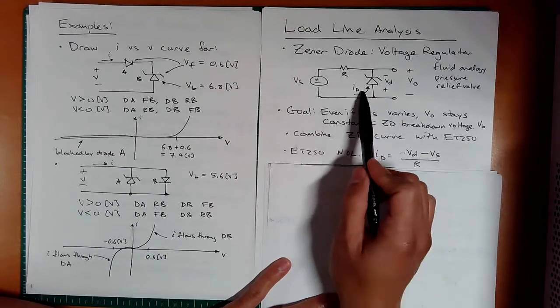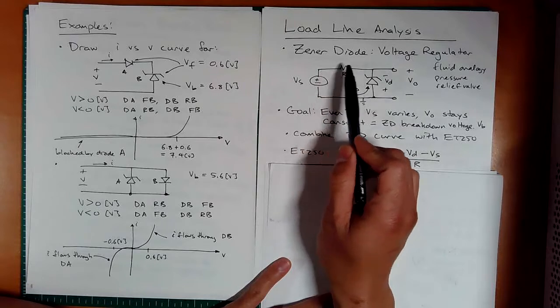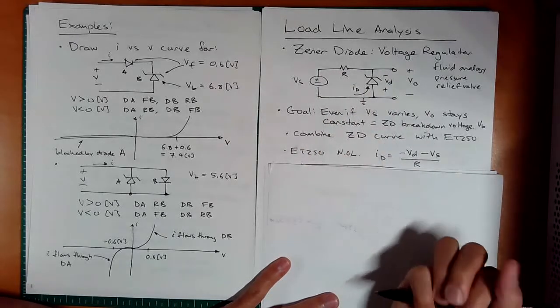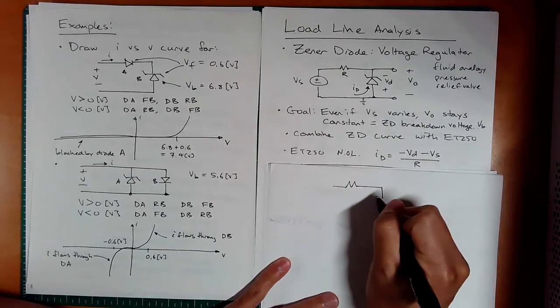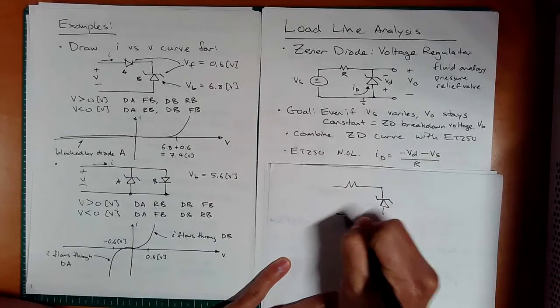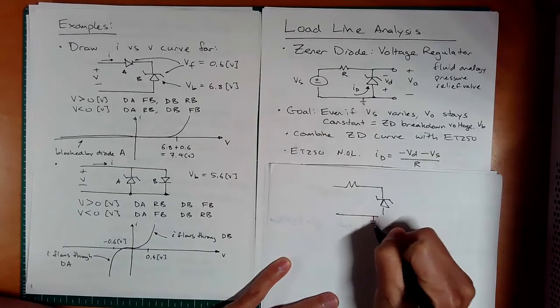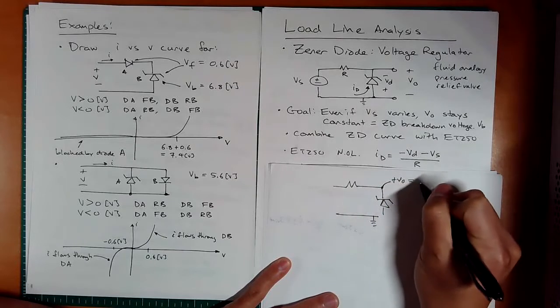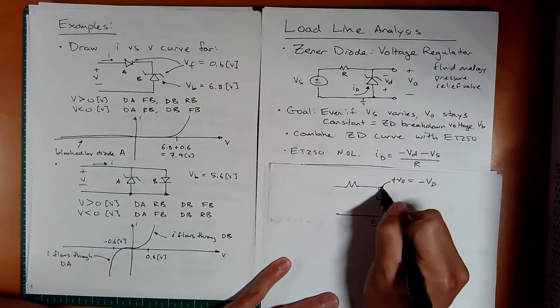Let's double check. So ID equals, if this is a ground, minus VD. Let's do this slowly. This node voltage, if I have a ground here, is positive V naught, which is equal to minus VD. Can you guys see that?